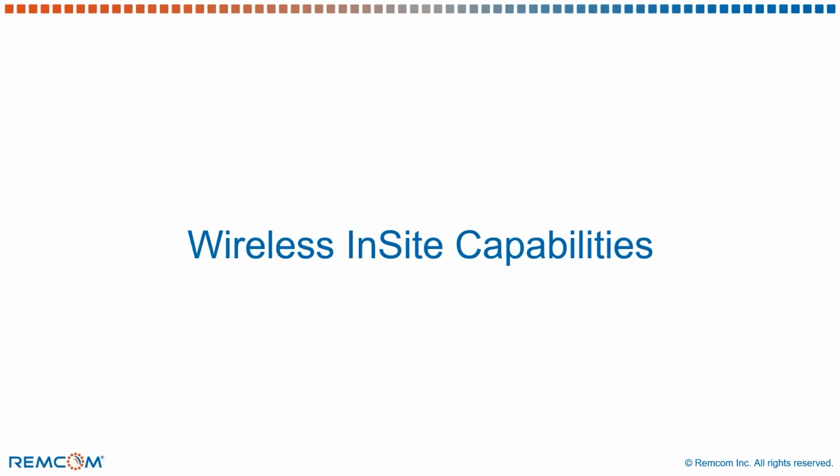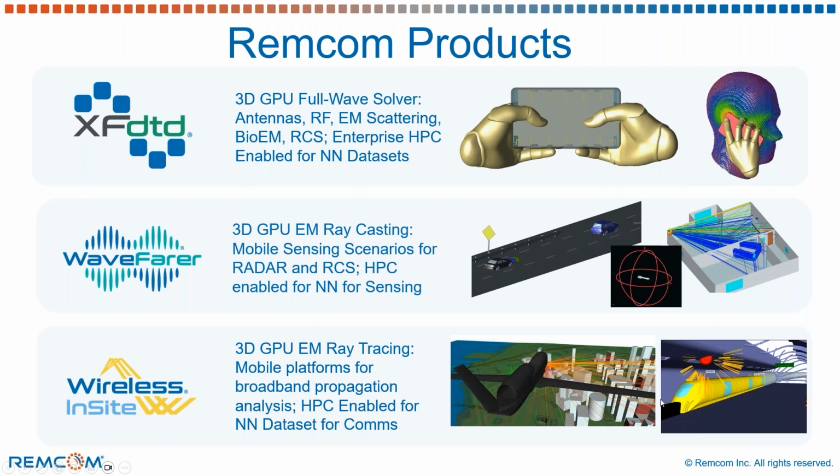Wireless InSite capabilities. Wireless InSite is part of Remcom's suite of products. Remcom has been producing software for over 25 years, starting with its flagship product, XFdtd, a full wave solver used for all sorts of things.